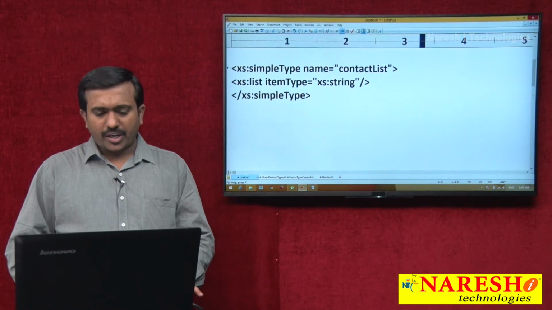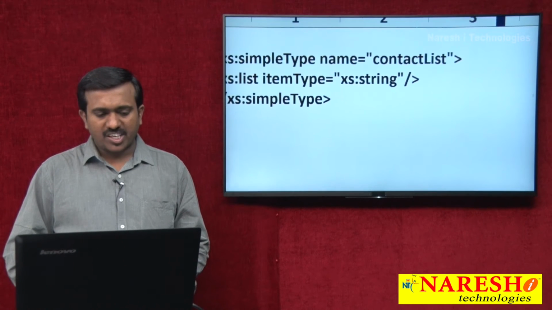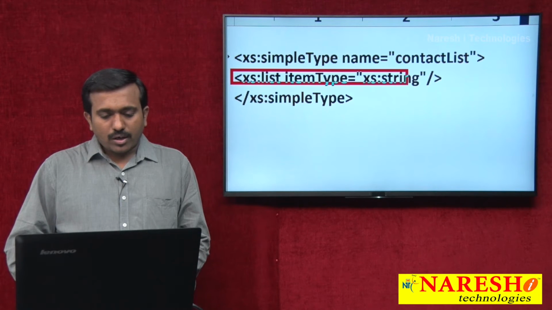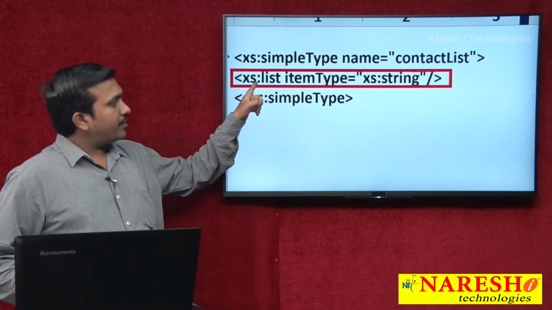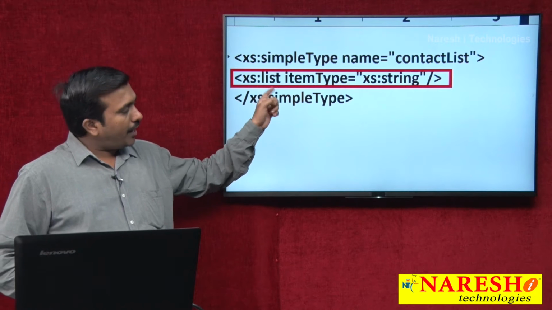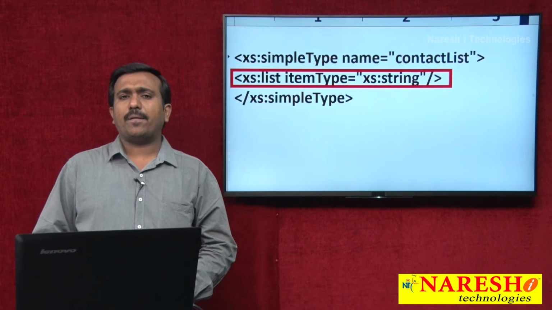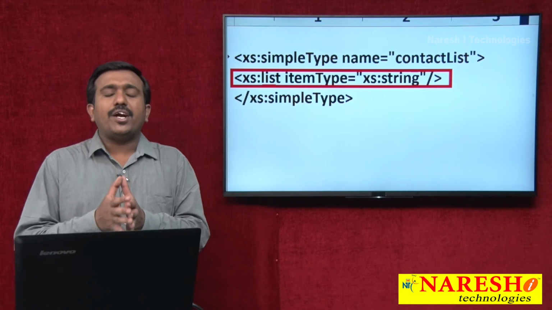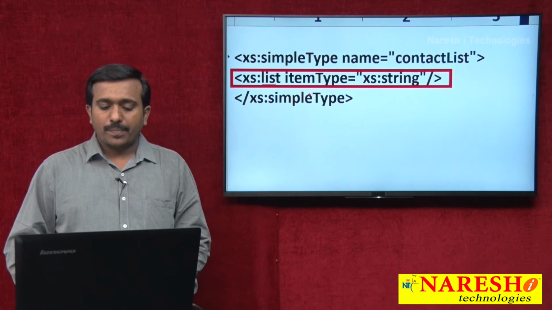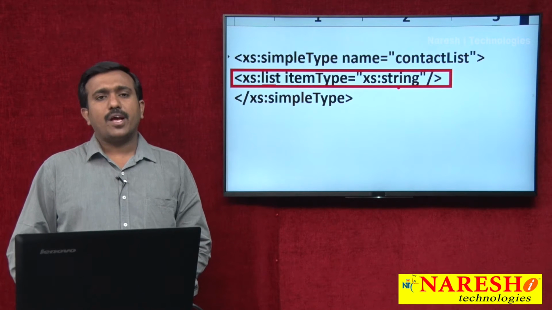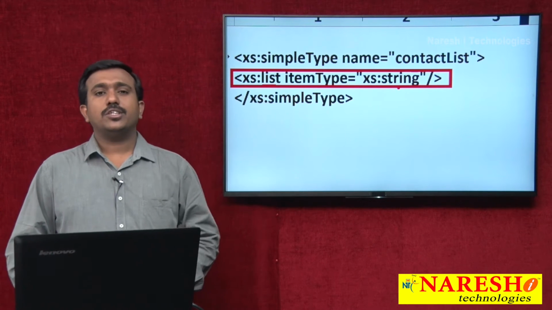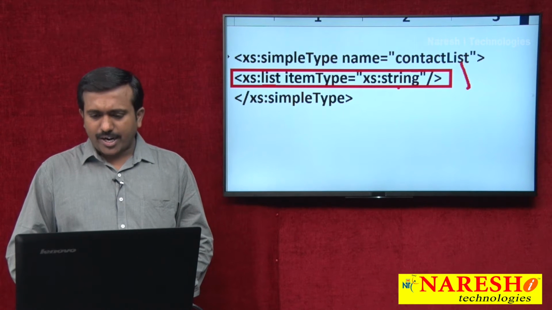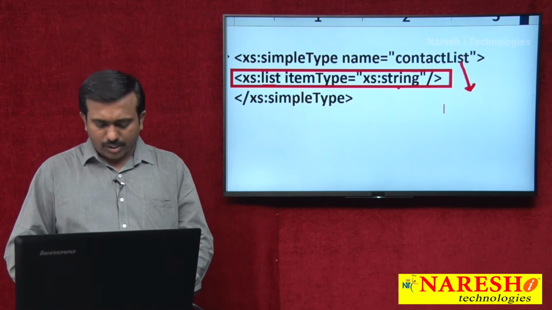To create the list type, we work with the list element. The list item type is string. That means we can specify here what type of data you want to allow to store in this list. I want to allow string types.